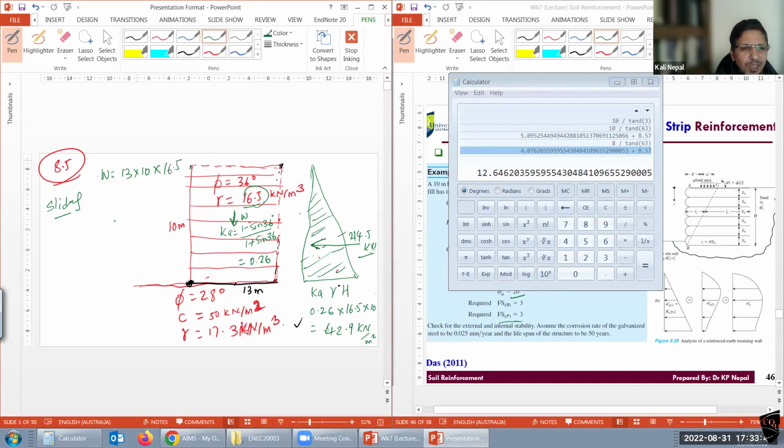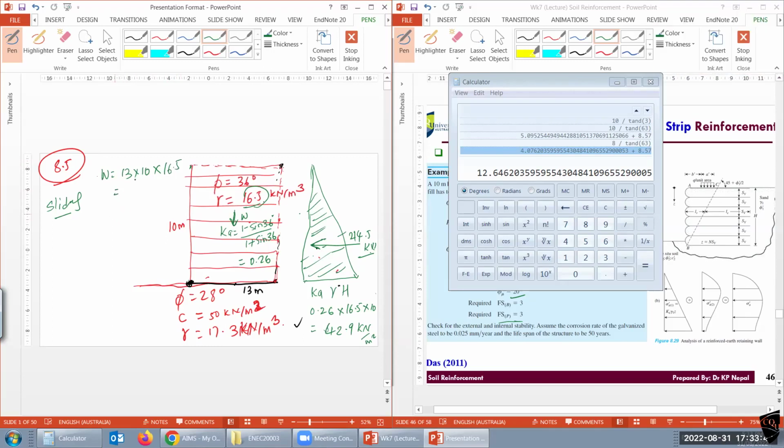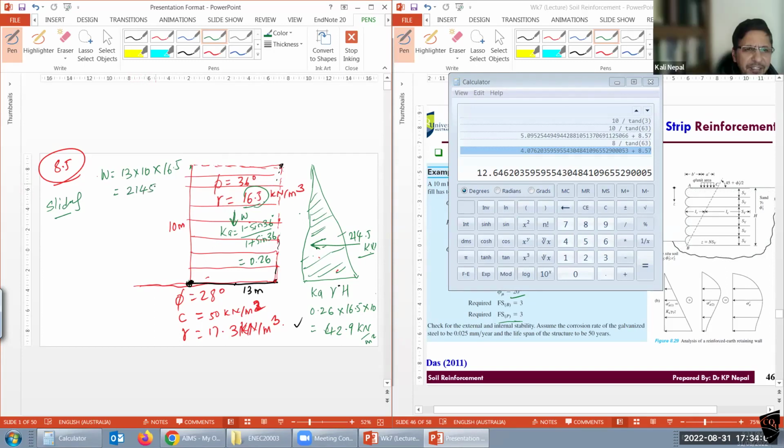How much total weight pulling down? 2145 kilonewton.